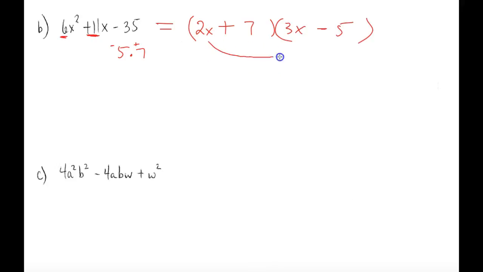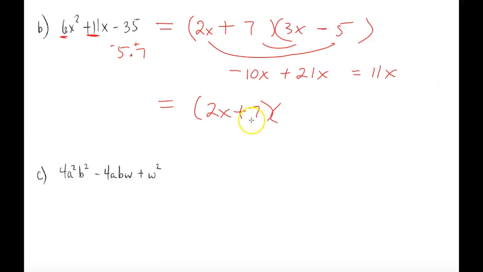If I multiply this out, I'll have a negative 10x plus 21x, which gives me a positive 11x, exactly what I want here. So I got lucky and it actually worked out. My final answer is indeed 2x plus 7 times 3x minus 5.